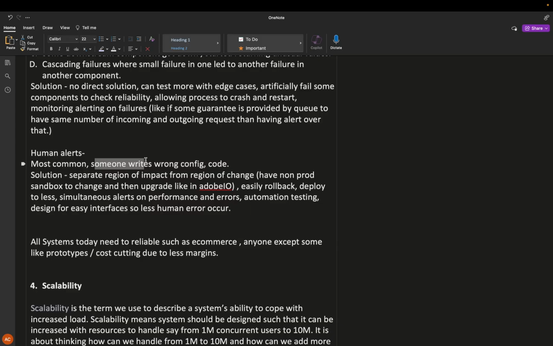Fifth could be automation testing, and sixth could be designing for easy interfaces, so that humans are less prone to errors. Design very simple interfaces and simple protocols, so it is not very complex for humans and less error prone, right?